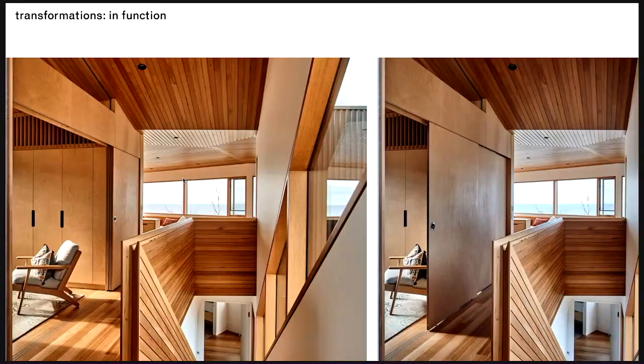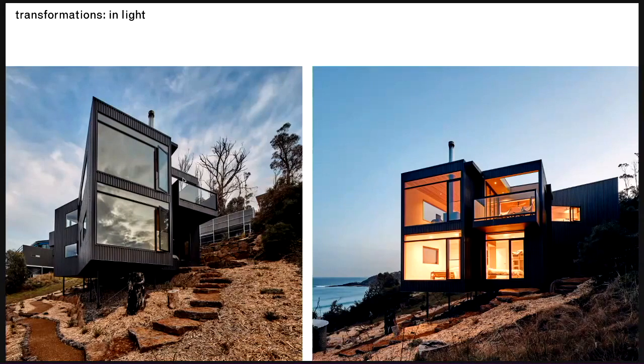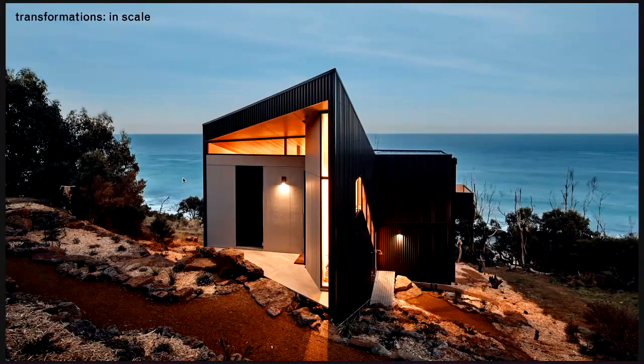In function, this room here has a fold-down bed that you can see here, so it doubles as a bedroom as well as a living space, with retractable doors that allow for privacy. A strong sense of material variation. So the use of the external cladding, which is a product that deals with high corrosion environments.